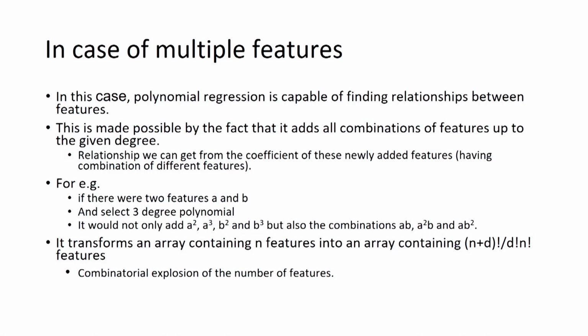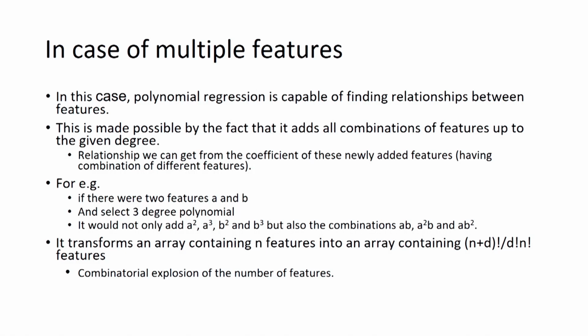In this case polynomial regression is capable of finding relationships between features, and this is made possible by the fact that it adds all combinations of features up to the given degree. The relationship we can get from the coefficients of these newly added features having combinations of different features.